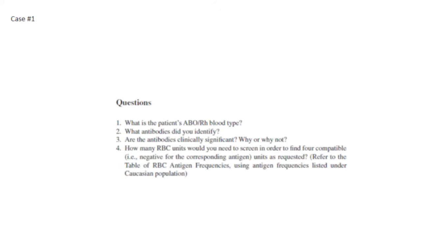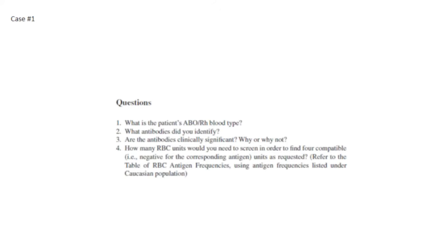Correct. So in general, antibodies to Rh blood group antigens are clinically significant, meaning that they are IgG warm reacting antibodies that can cause delayed hemolytic reactions or cross the placenta in a pregnant woman and cause hemolytic disease of the fetus and newborn.